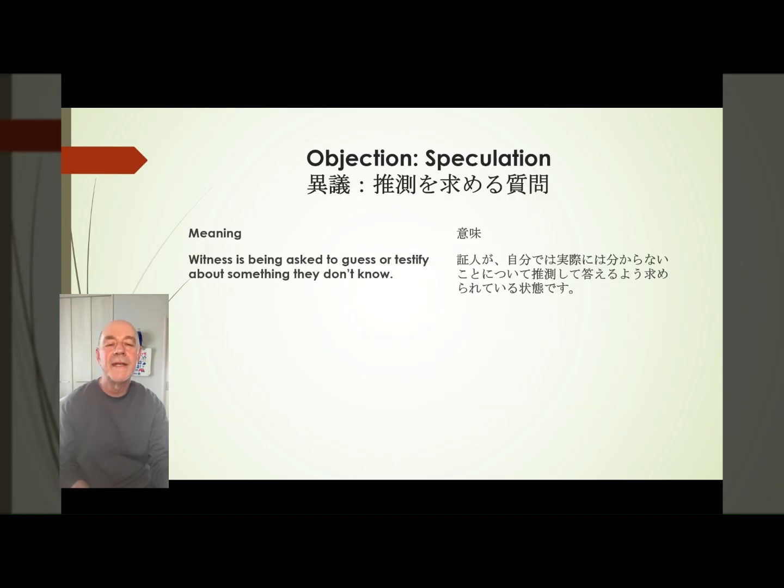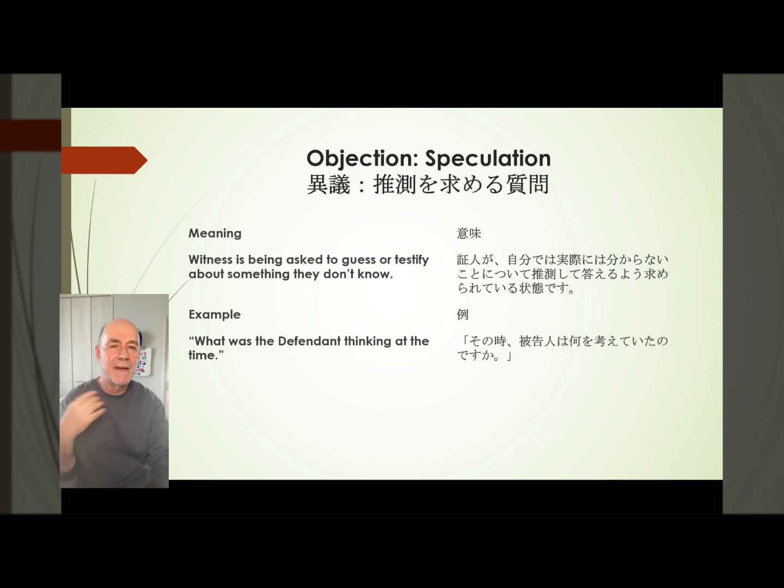The last one is objection, speculation. Let's say the witness is being asked to talk about something that they just don't know. An example would be, what was the defendant thinking at the time? I don't know what this person is thinking. I have no way of knowing that. That would be asking me to guess or to speculate.